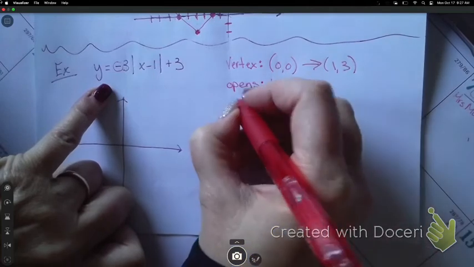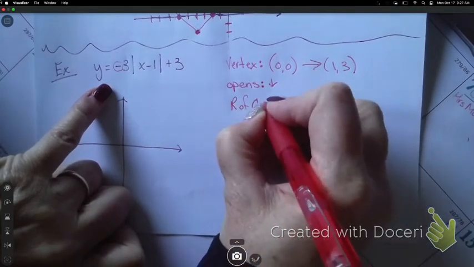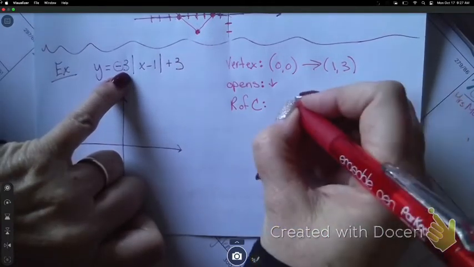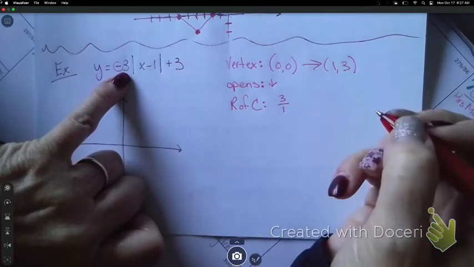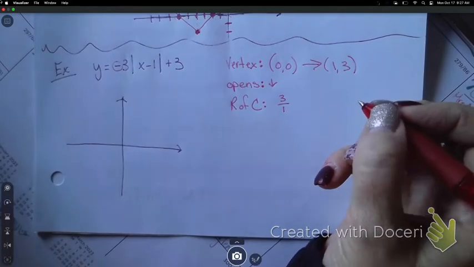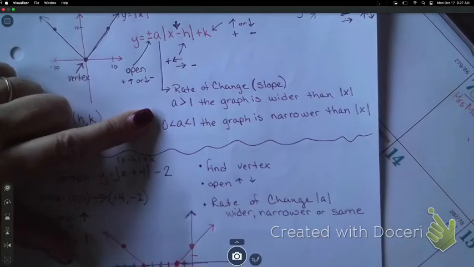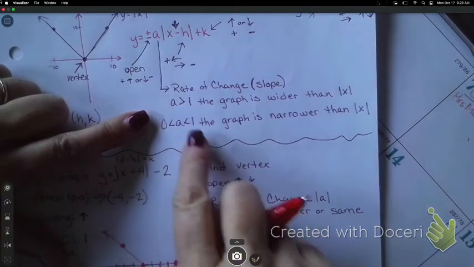And the next was ROC. Rate of change is 3 over 1. Is it wider, narrower, or the same? Same. Is it wider, narrower, or the same? Narrower.